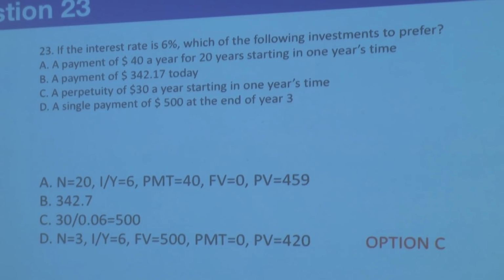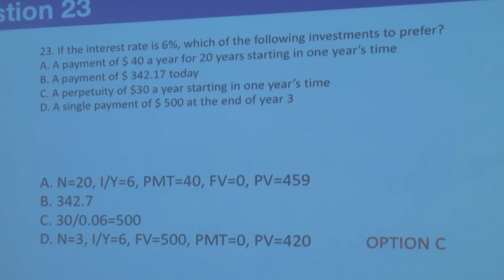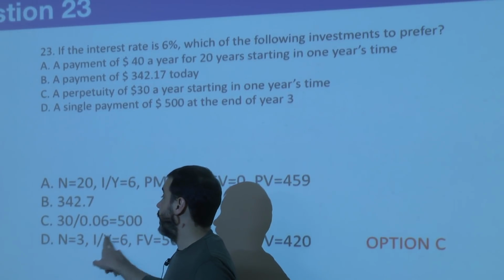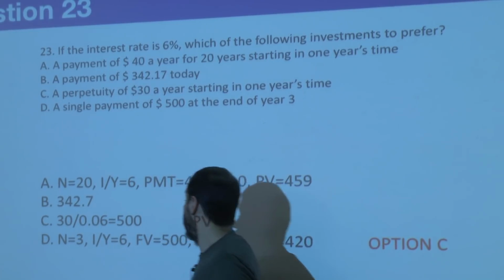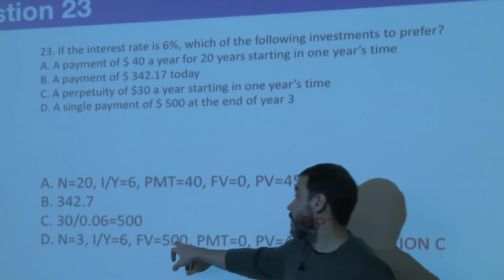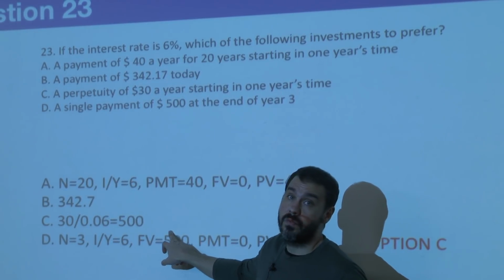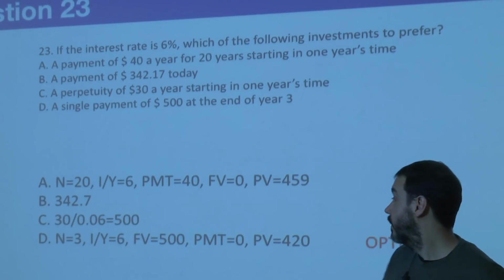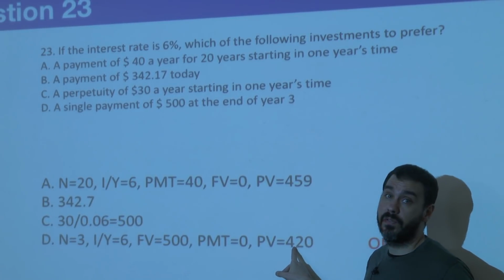Where did you get the 420 and the option D? 6% is the interest rate, 3 periods. You don't have a payment, so what you are computing is the future value, $500 happening at time 3, and you want to find the present value.